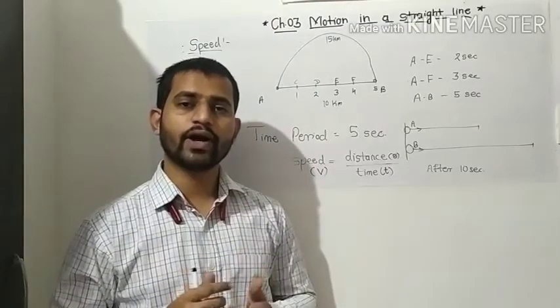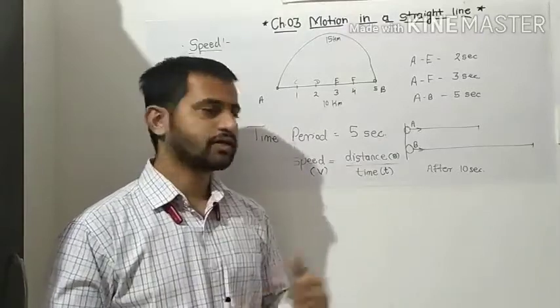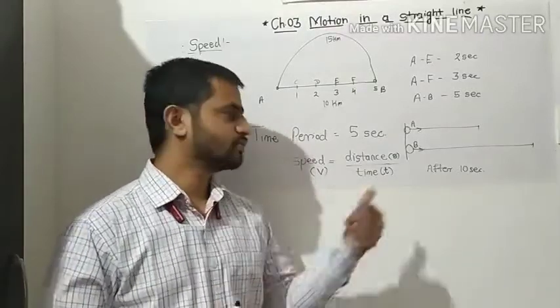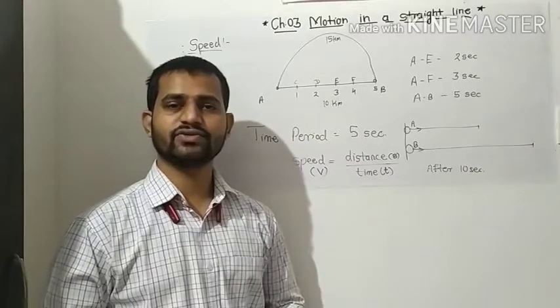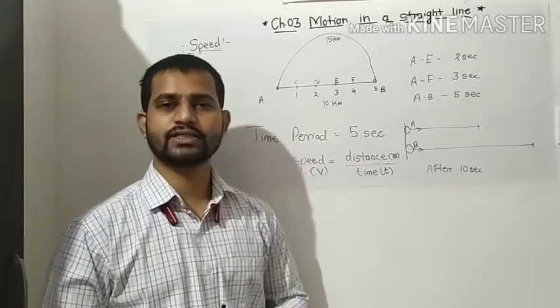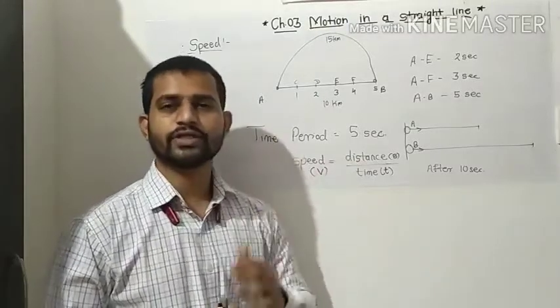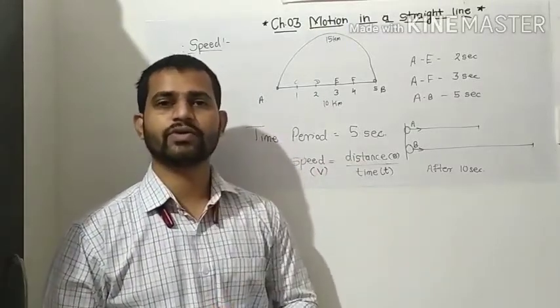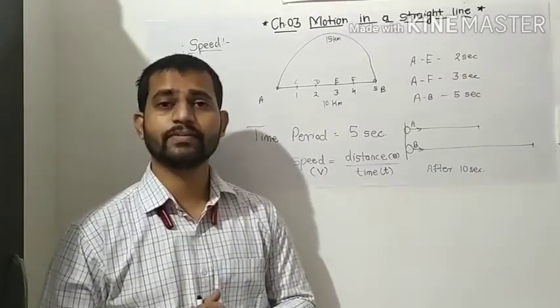The distance is a scalar, the time is also a scalar, so the speed is also a scalar quantity, and to describe the speed we just have to know about its magnitude.